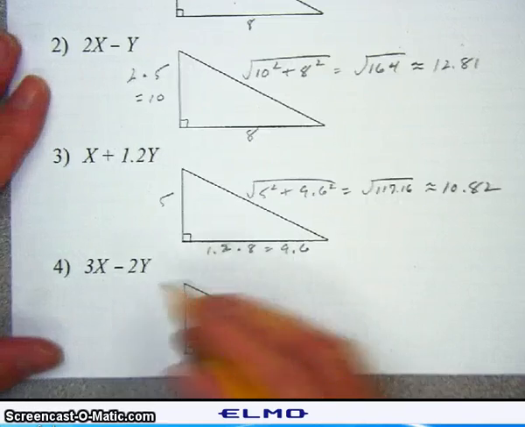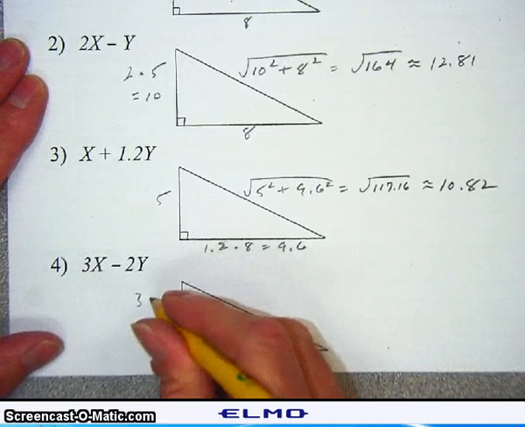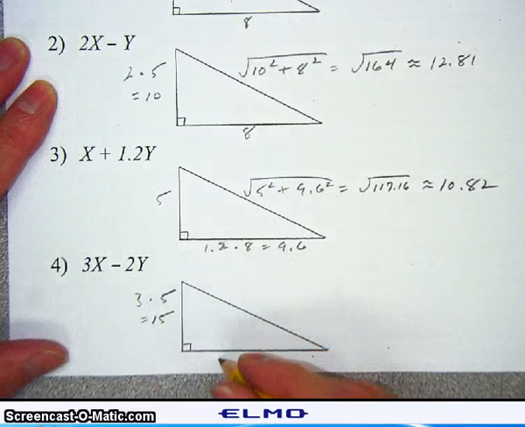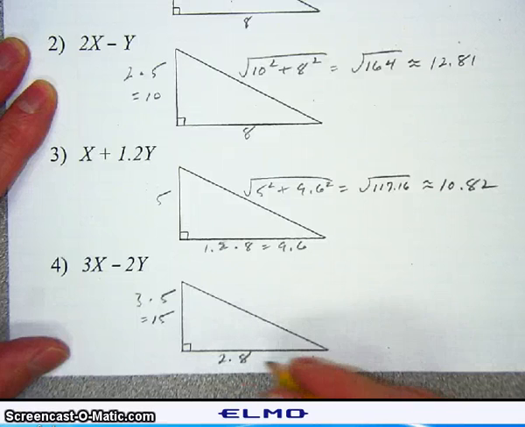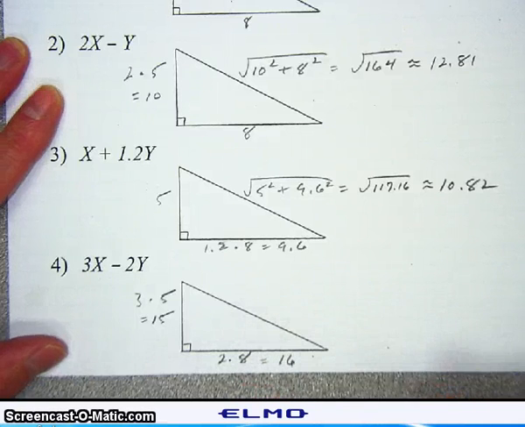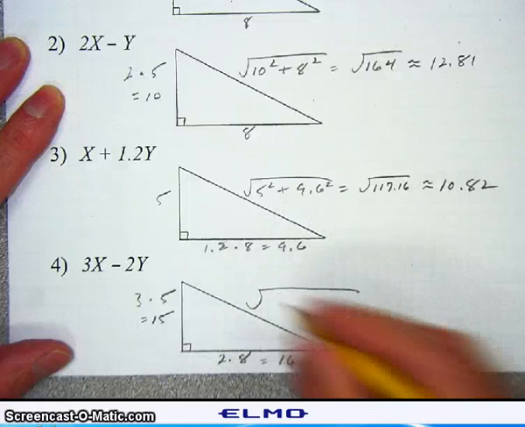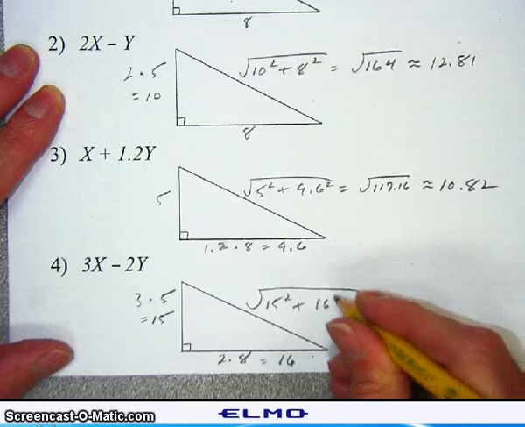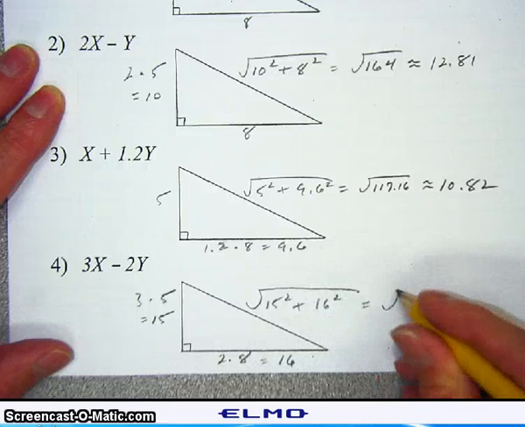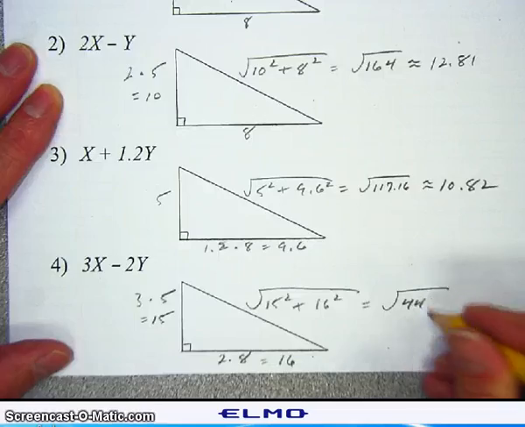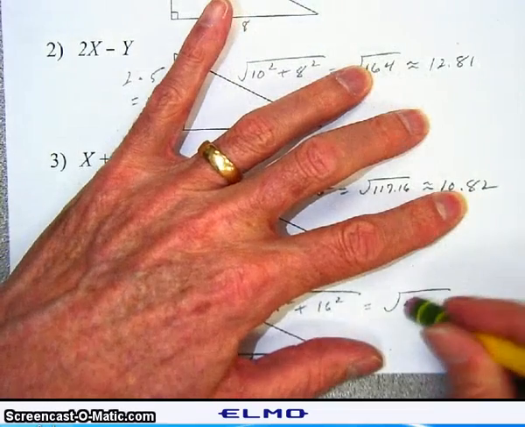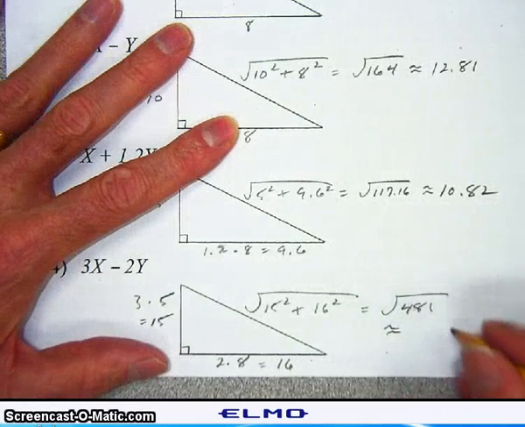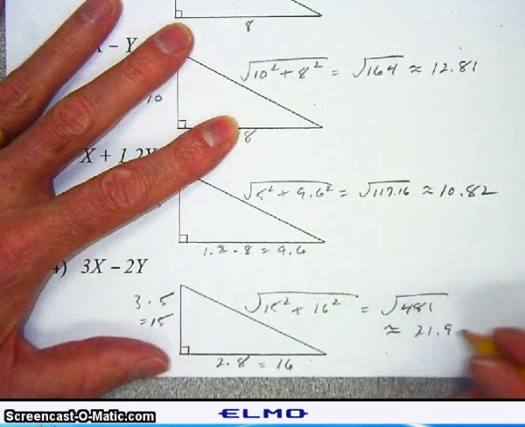If you look at 3x minus 2y, well, you can multiply the standard deviation of x by 3. That'll give you 15. And multiply the standard deviation of y by 2. That'll give you 16. And then the hypotenuse of this triangle is the square root of 15 squared plus 16 squared, and that is the square root of 481, which is approximately 21.93.